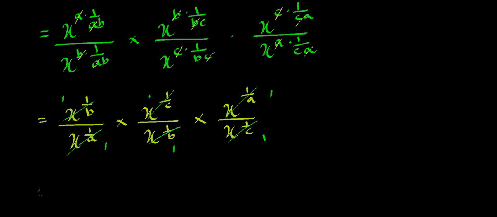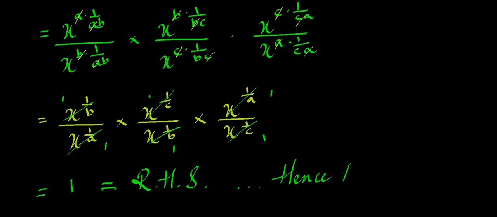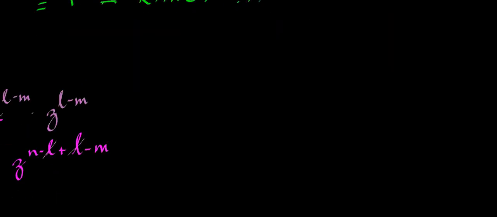So what is left over here? 1 into 1 into 1, it is equal to 1, and that is exactly equal to my RHS, which we can proudly say, hence proved. Okay, let's move ahead to the next sub-question.